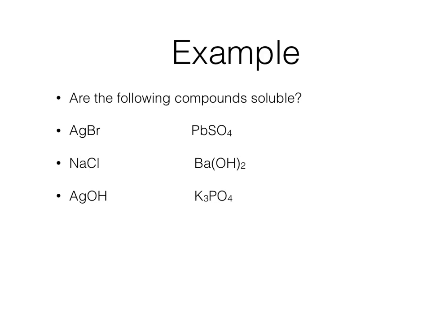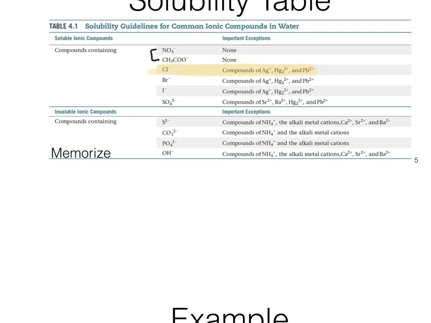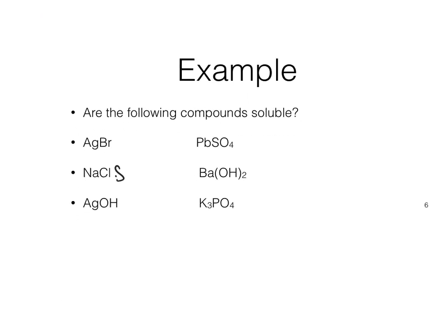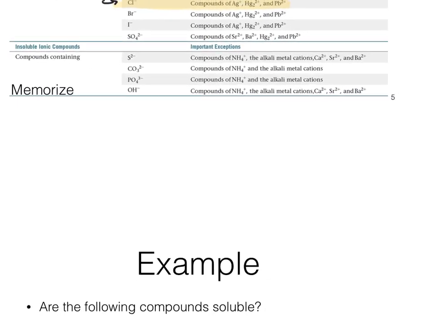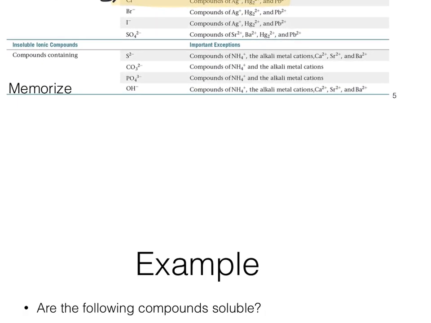In this case, we want to determine if the following compounds are soluble. If we think about sodium chloride, we can come back up here and say, okay, sodium or chloride, we know that that's going to be soluble. I'd like to apologize for the moving back and forth, but let's consider the hydroxide. Hydroxides are insoluble except when mixed with ammonia and alkali metal cations, which is the first column, calcium, strontium, and barium.